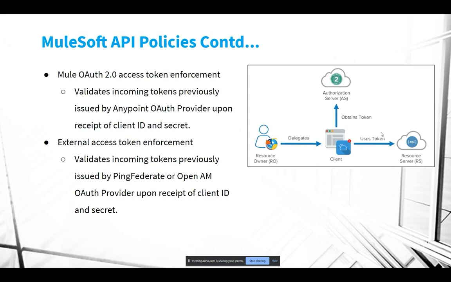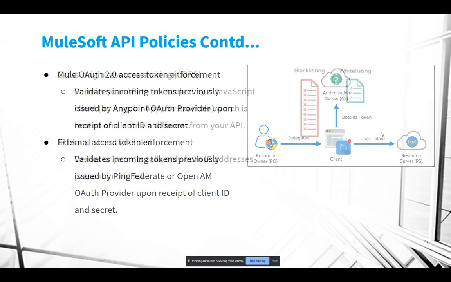In our case, we are applying it on our API using API Manager. So our Mule application or the Mule engine can validate the token against the predefined OAuth2 server and see whether these users are authenticated or not. I hope this picture is very clear, how they are doing it.